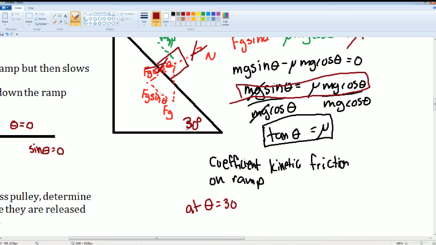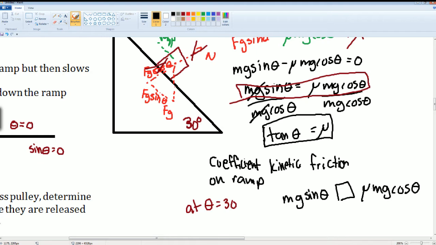You don't know if it's equal, right? So you have mg sine of theta, you don't know what goes into the box, but you know that equals mu mg cosine theta, correct?